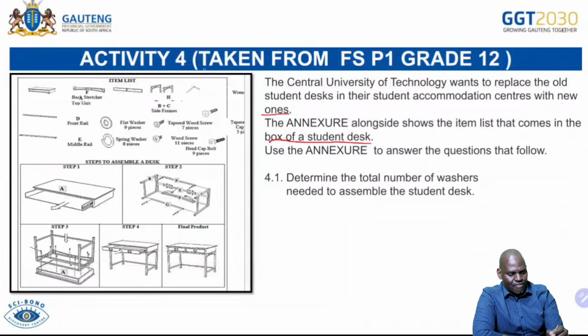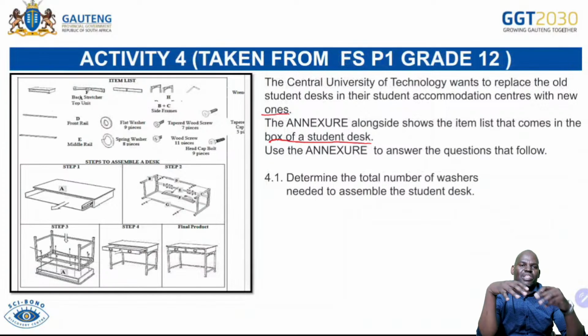Then, very important that you look at the picture that is given, and you also look at the parts. In this case, the steps are also very important. They've indicated step 1, step 2, step 3, step 4, and the final product.